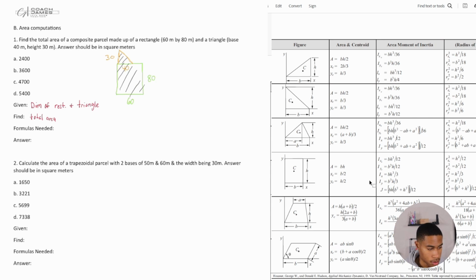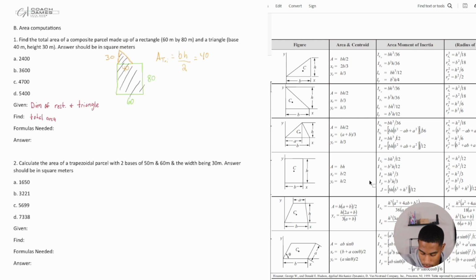Alrighty, so let's get into it. So for the triangle, I'm just gonna add them up separately. So area of the triangle is equal to base times height divided by 2, which is equal to, what's our base? 40.